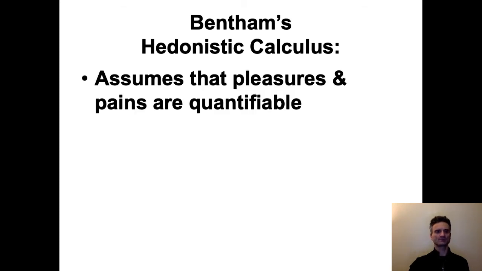The hedonistic calculus works this way. It's really like a mathematical calculus. So first of all, it assumes that pleasures and pains are quantifiable. So for example, I pinch your face and I say, how much pain did you experience from, say, 1 to 10? And you say to me, oh, I experienced 3. Okay. I pinch harder and you say, oh, that was a 5 or a 7.